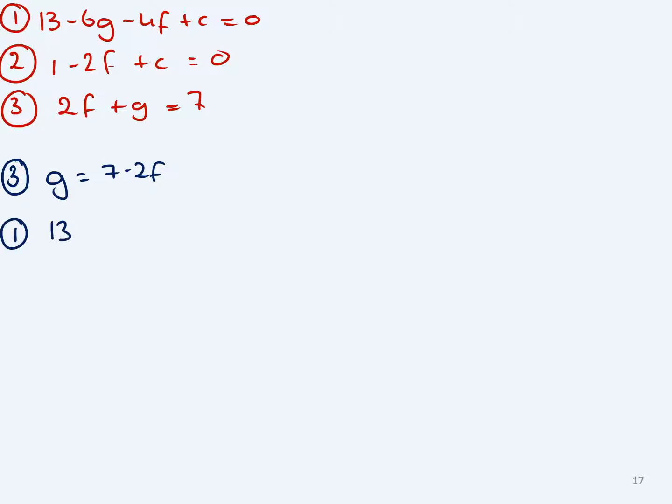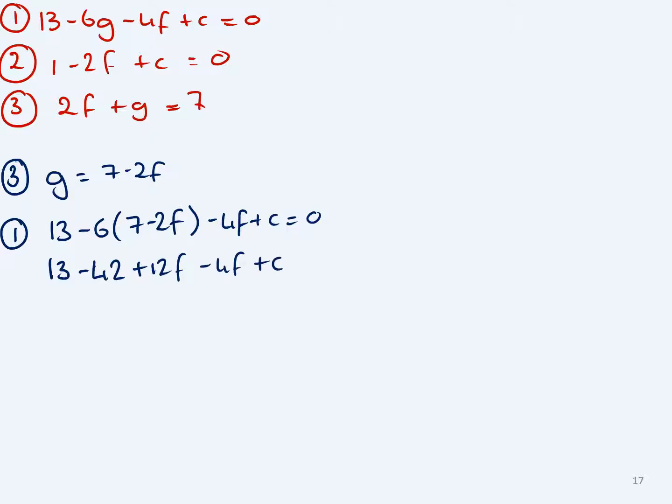So instead of g, I'm going to do minus 6 by 7 minus 2f, minus 4f plus c equals 0, so I get 13 minus 42 plus 12f minus 4f plus c equals 0. Now, so minus 29 plus 8f plus c equals 0, and that actually gives us our fourth equation.